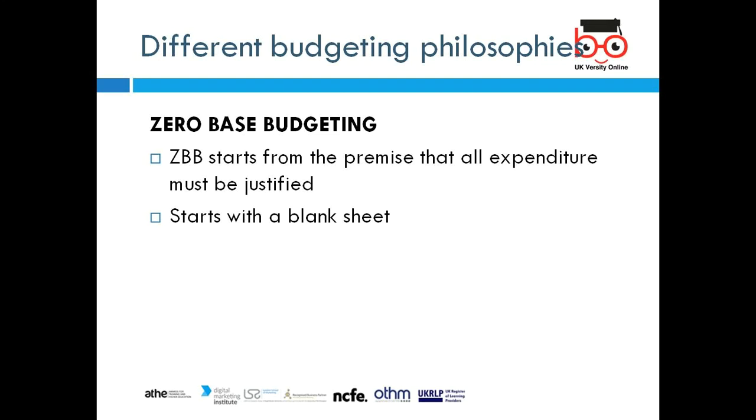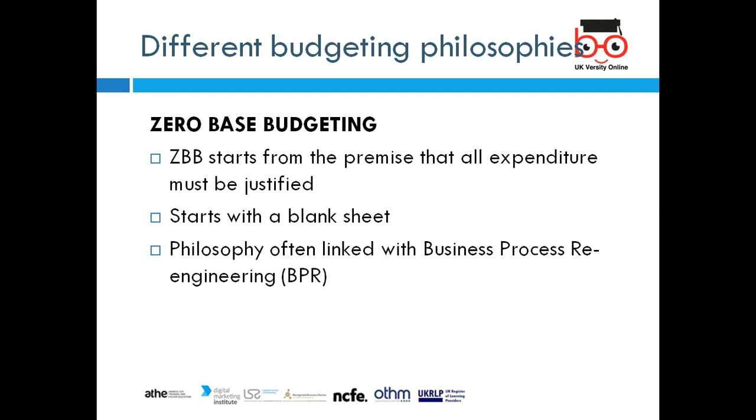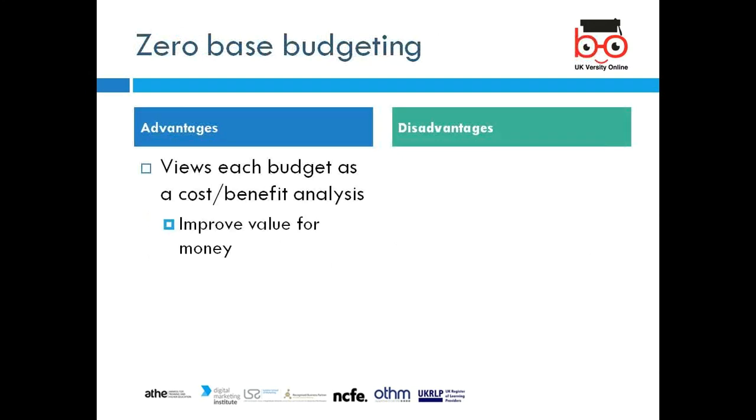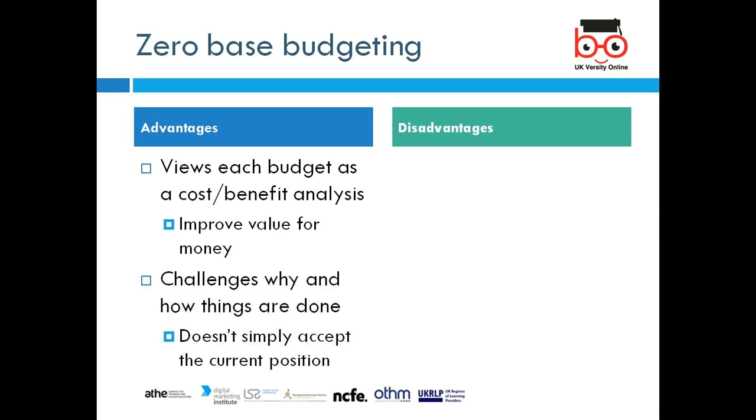It's quite a good approach where you are always assessing and re-estimating how much cash, how much money you require for each level of activity. The philosophy links with business process re-engineering, BPR. So zero-based budgeting views each budget as a cost and benefit analysis. We're looking at what the cost and benefit are. We are investing money, so what will we get out of it?